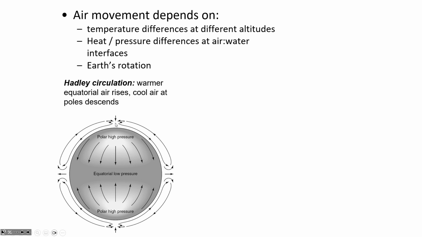Now we're looking at a 2D cross-section where we've got the air falling at the poles and rising at the equator, and because it's going in those directions, it rises and then goes through the upper atmosphere towards the poles in order to replace the air that has fallen, and then as it falls closer to the Earth's surface, it is spreading out laterally.